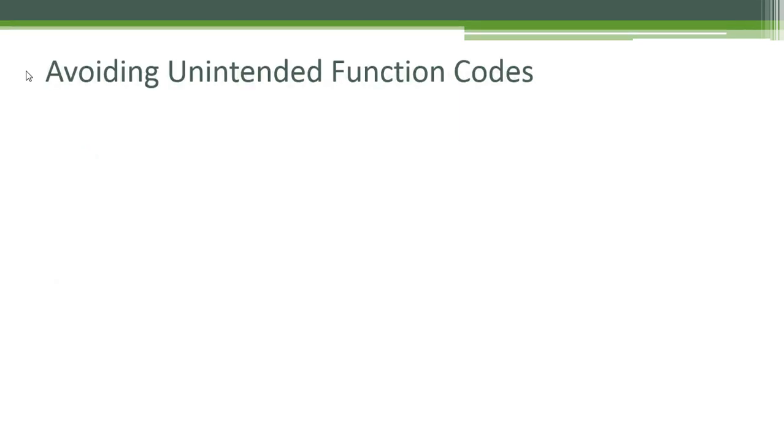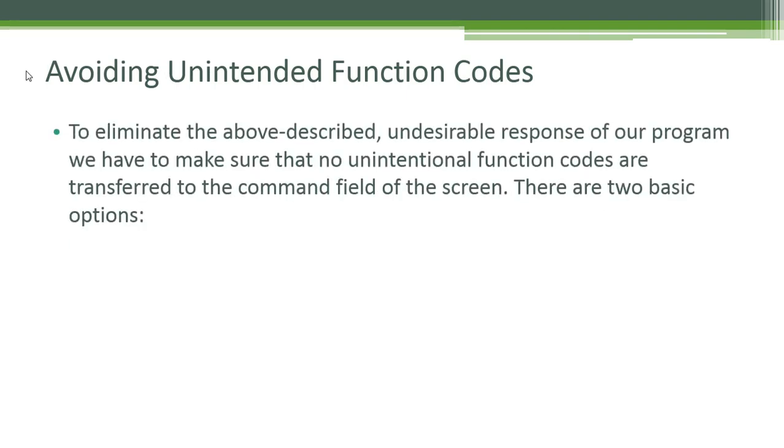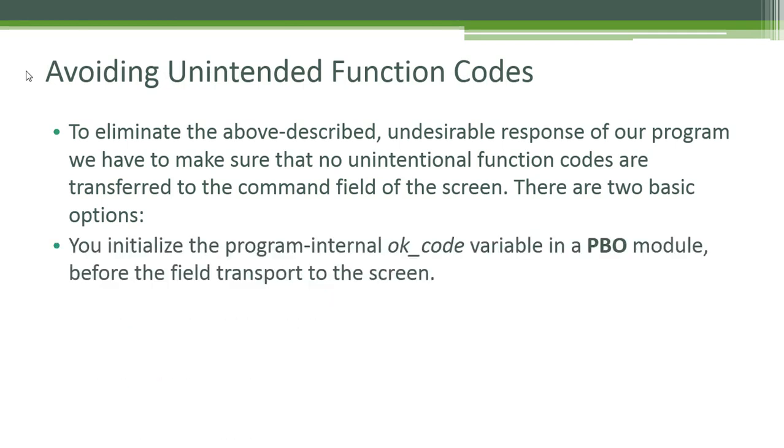So, how to avoid this? Avoiding unintended function codes. To eliminate the above described undesirable response of our program, we have to make sure that no unintentional function codes are transferred to the command field of the screen. There are two basic options.